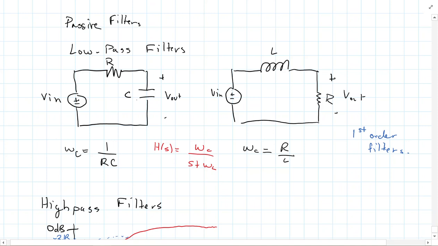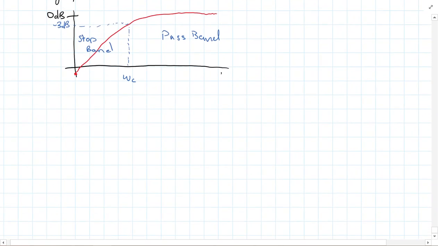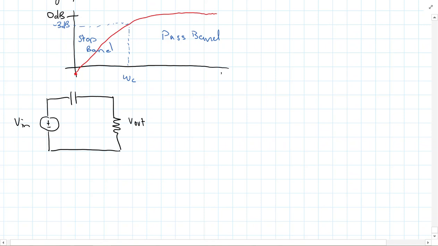The capacitor is still going to have the same behavior for frequency, meaning it behaves as an open circuit at low frequencies, and as a short circuit at high frequencies. So if we interchange those positions and look at it this way, V in, V out, well, what can we do here?